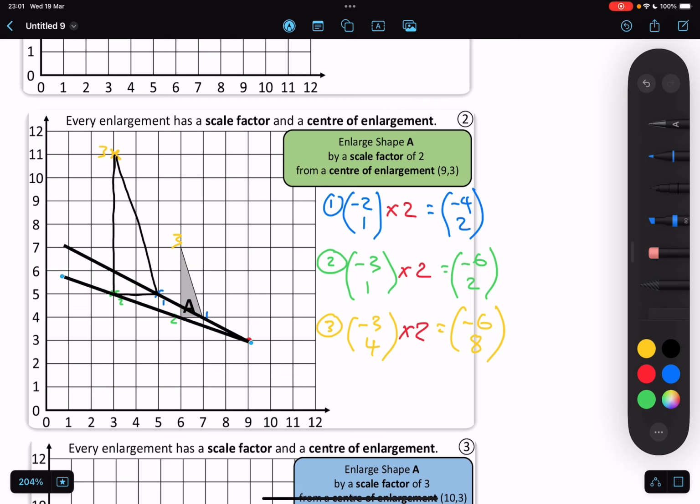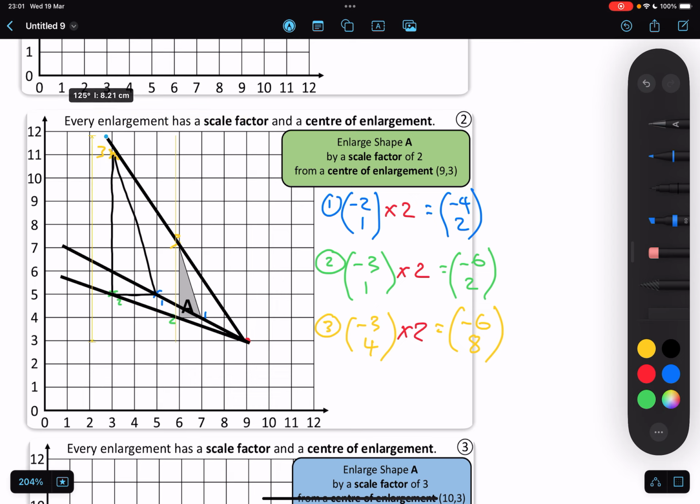So you can see that it goes from the center of enlargement and it goes through point 2 and point 2. And then lastly, let's see if it goes through point 3, and I'm sure you suspect that it will. So will it go through point 3? Yep. We can see that it goes through 3 and 3.